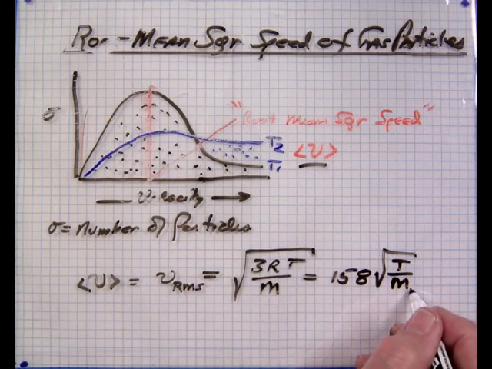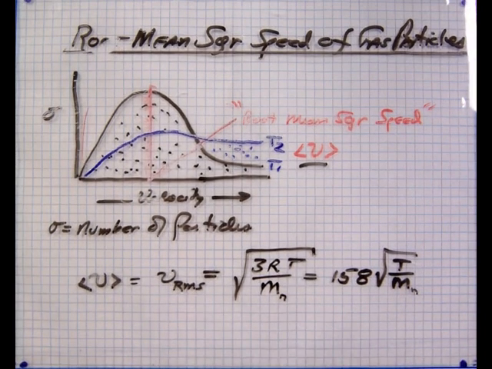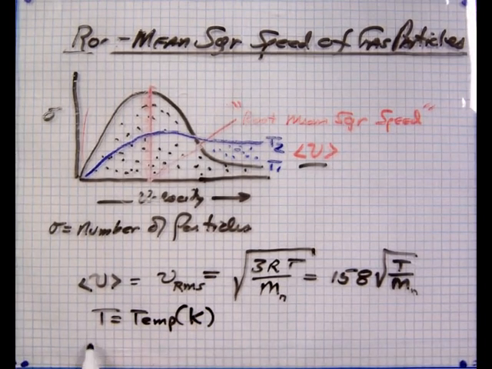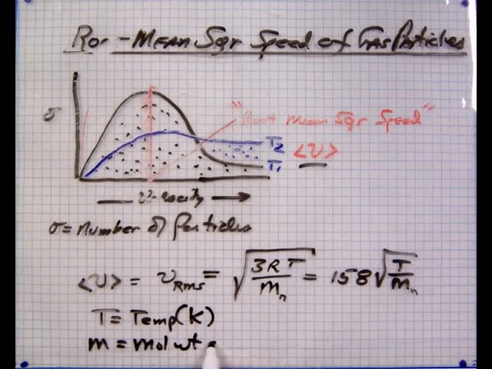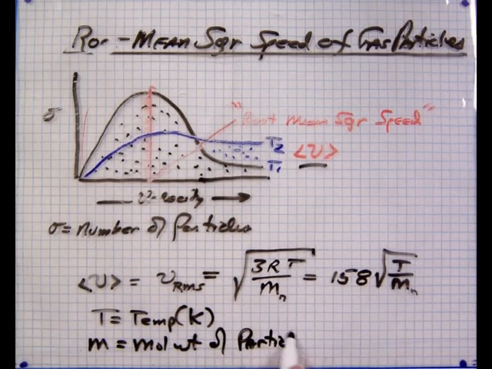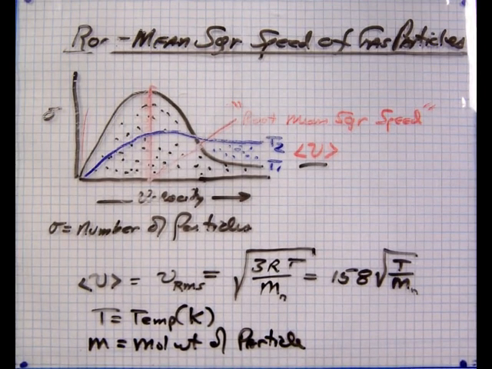And some people will put a little n down there; number average mole weight is what they call it. T is temperature in Kelvin degrees, M is mole weight of the particle, which could be an element or molecule, whatever you're interested in.